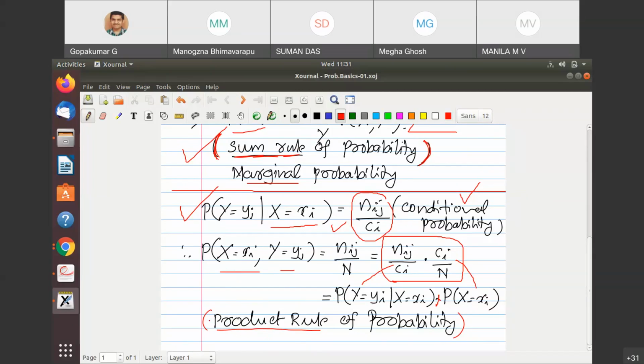That is called the product rule of probability. These two results are very important, because we will see them in many derivations and main discussions in the coming classes. These are two very fundamental rules. I think you might have already studied this, but we are going through the basics quickly.